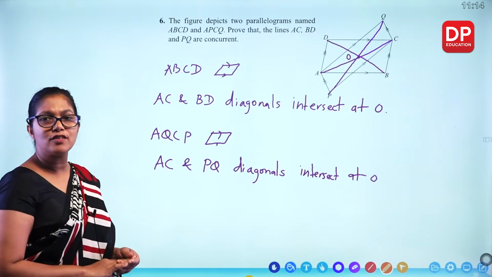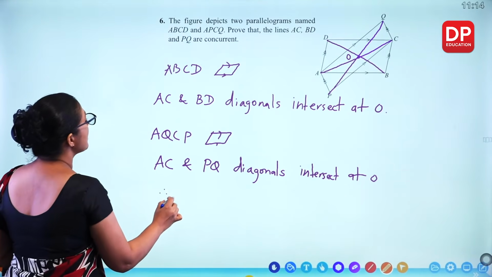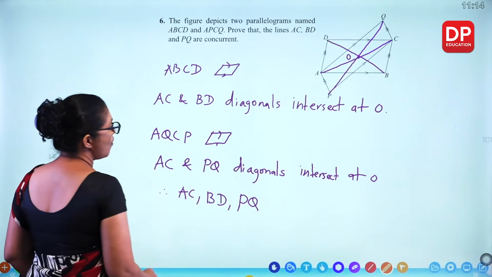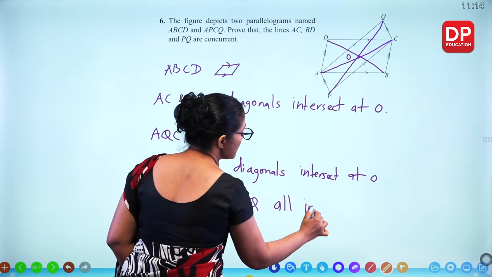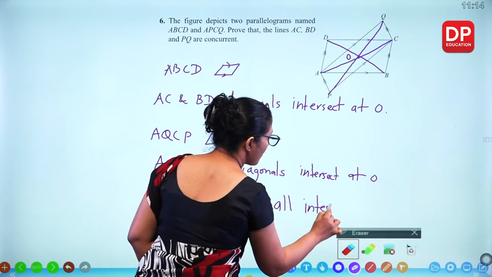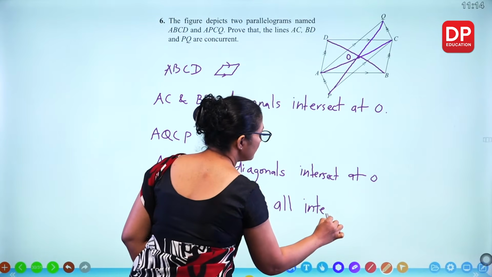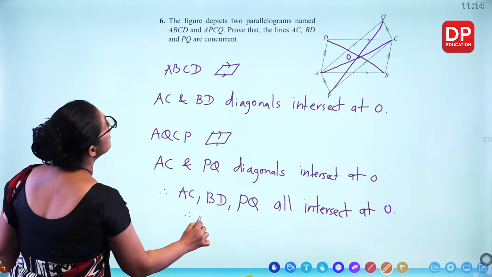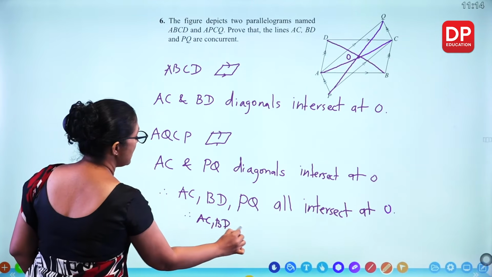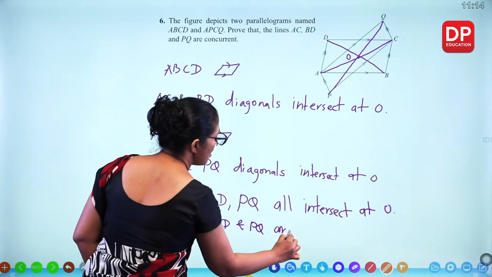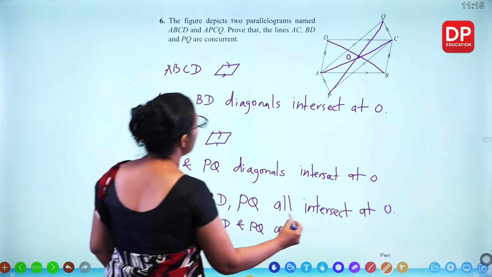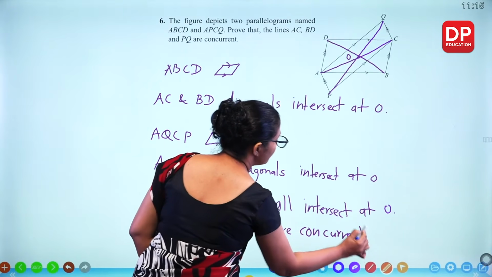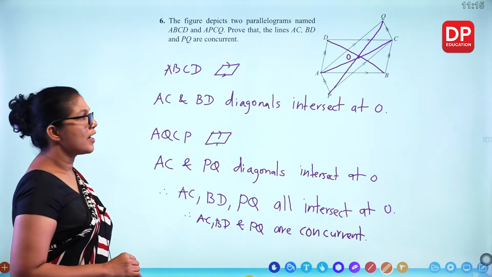All lines are passing through point O. So therefore, AC, BD and PQ all intersect at O. That means AC, BD, PQ are concurrent. That means passing through the same point.